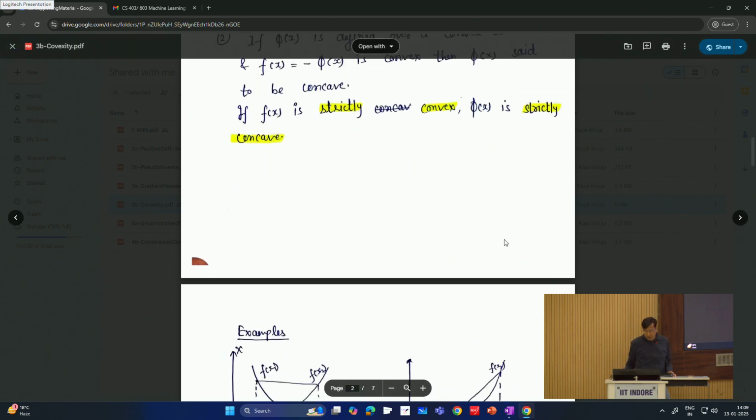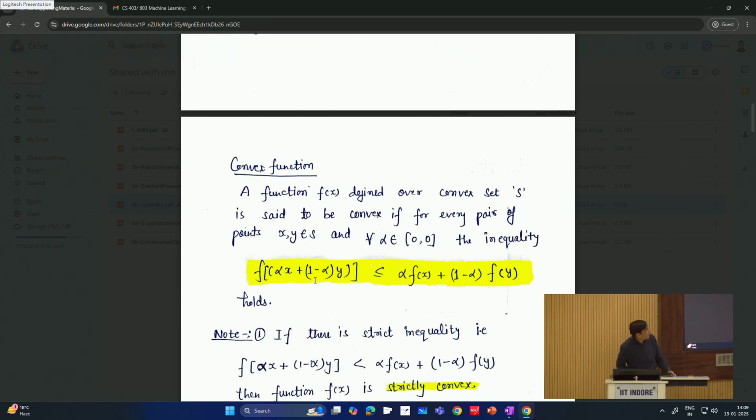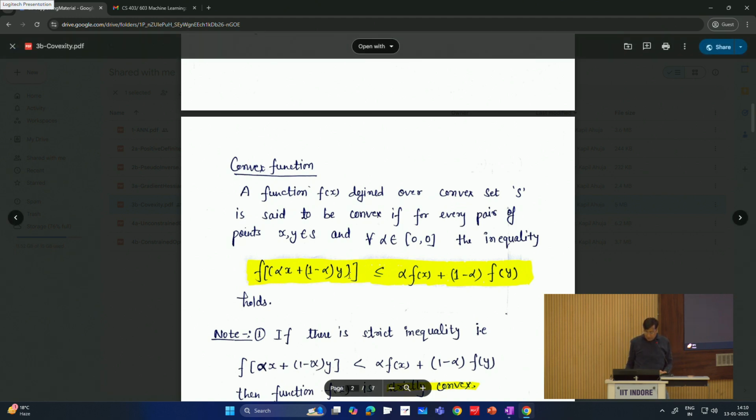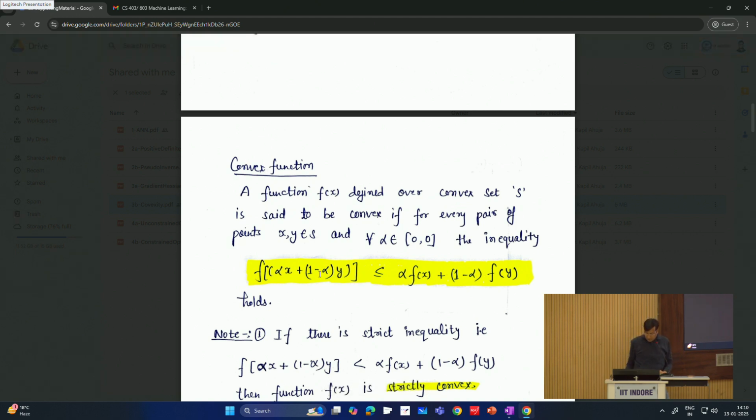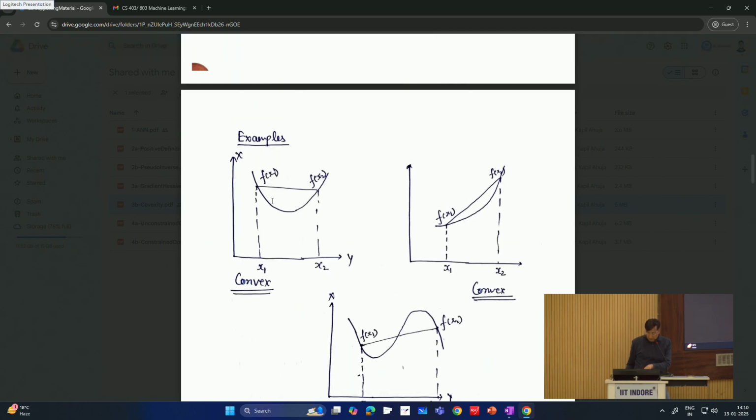So now the definition of it, because in 2-dimensional you can visualize it, but in n dimensions you can't visualize it. So the definition goes like this: if you look at the left hand side of something highlighted in yellow, the inside of that is the equation of the line. So f of alpha x plus 1 minus alpha y, this is the equation of the curve.